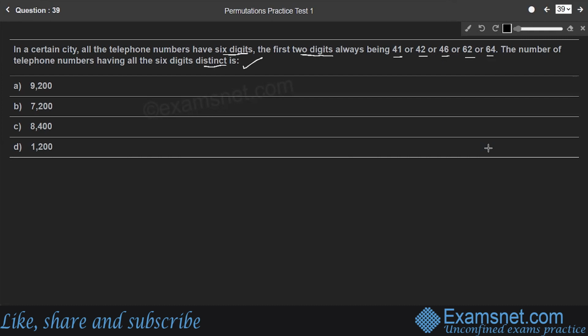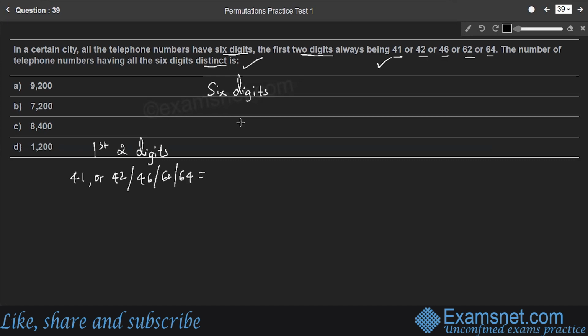Here students, there are 6 digits in a telephone number, and the first 2 digits have already been given. So we'll consider the first 2 digits: 41 or 42 or 46 or 62 or 64.